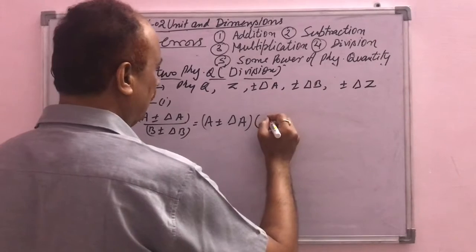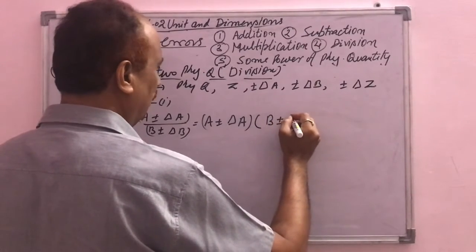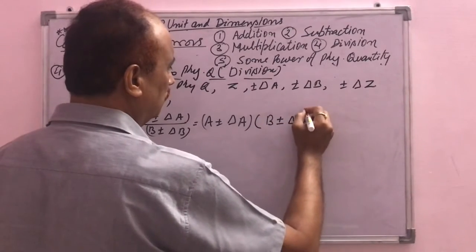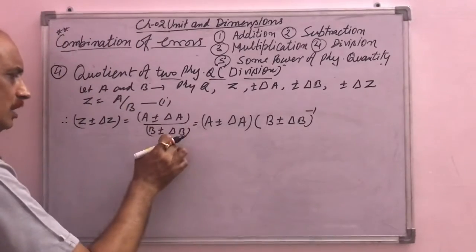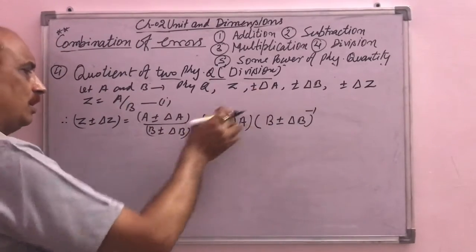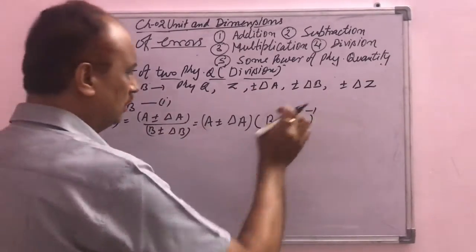In the second bracket we write B plus minus delta B to the power minus 1, because it is 1 upon this, and when we write it in the numerator, the power becomes minus 1.